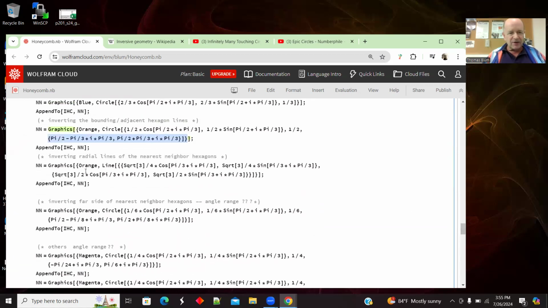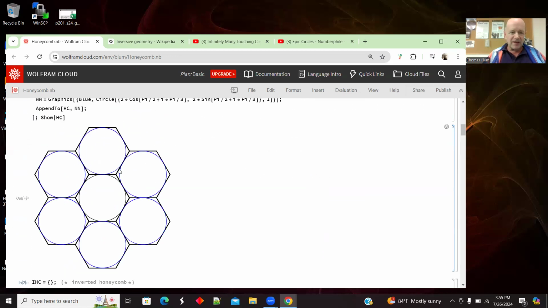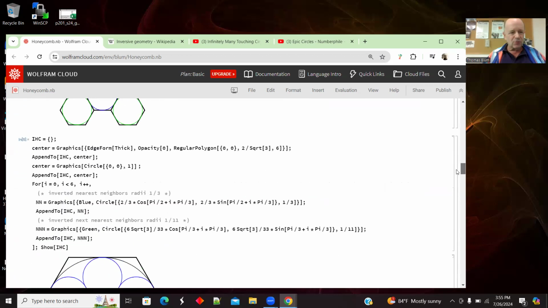Then next I drew, go back all the way up here. The next thing, so I drew these bounding lines, then I'm drawing the radial lines. Radial lines map onto radial lines.